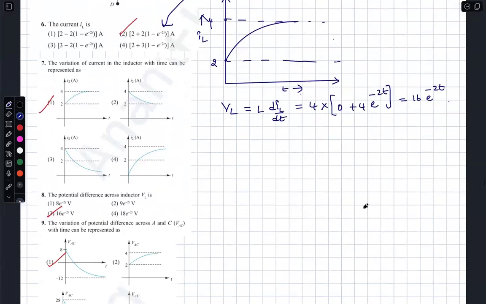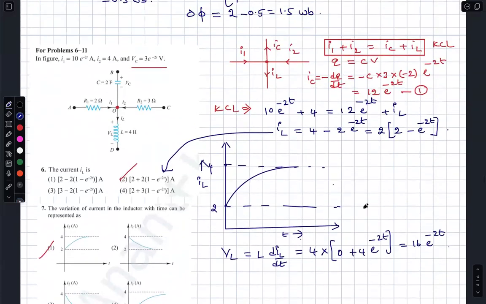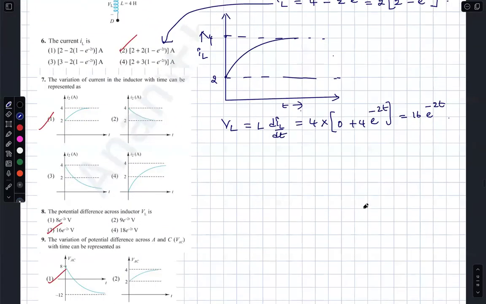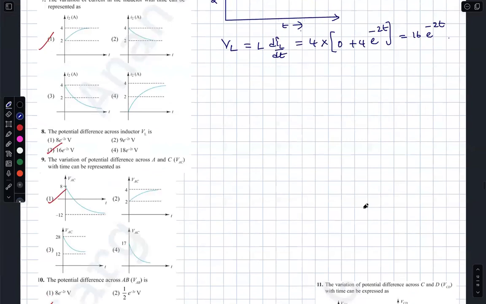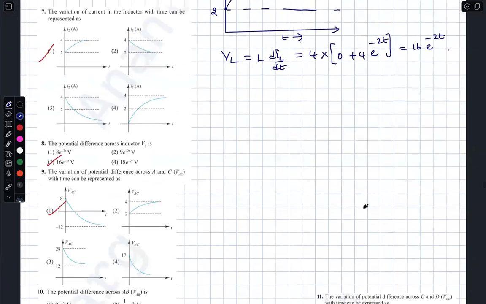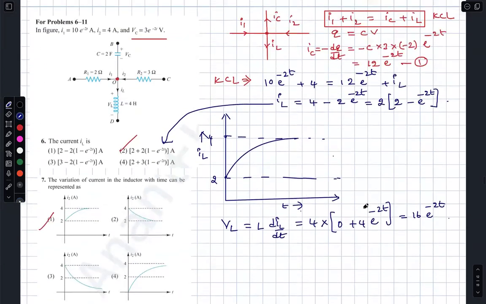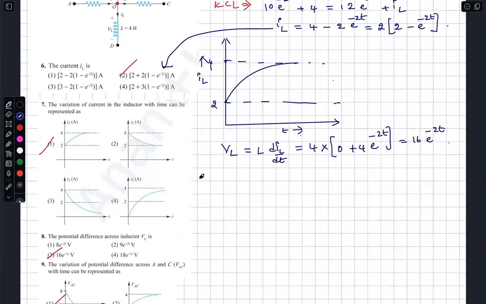The variation of potential difference, all that you know already. VAC they have already given. What to find? You are asking the VAC versus time graph, the variation of potential difference between A and C. Where are the points A and C? What is VA minus VC?